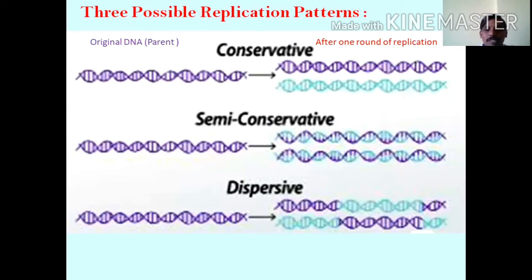So that's why we can see in the photograph a portion of the daughter DNA molecule with the parent one and another portion with newly synthesized. The strands are totally mixed up and the reunion takes place, giving a complete molecule. These are the three types of DNA replication patterns.